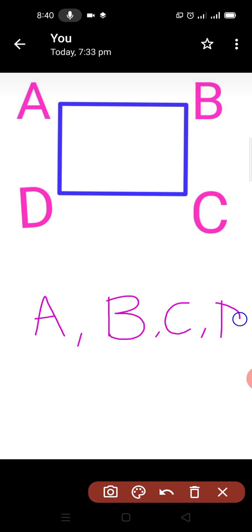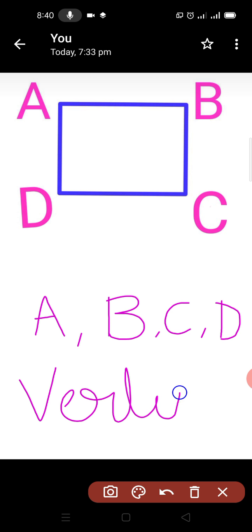A quadrilateral has 4 angles. In this given figure, if you observe, what are the vertices? I am writing here vertices. 4 vertices I said. Vertex A, vertex B, vertex C and then vertex D. These are the 4 vertices.